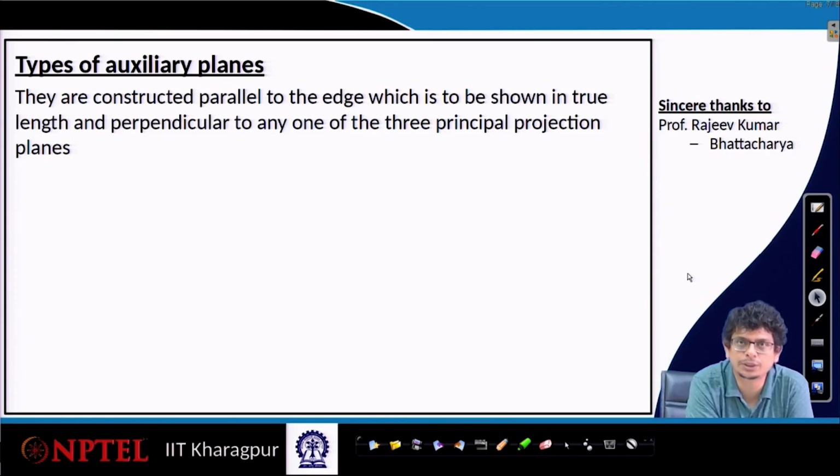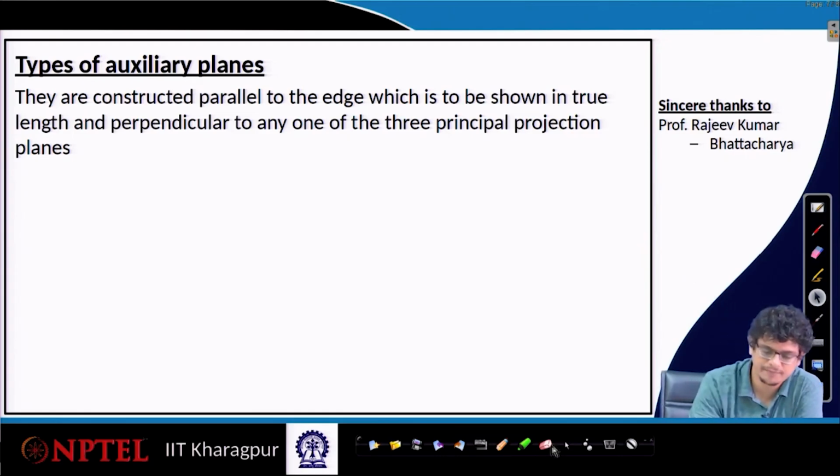And the true shape or true length is what we would like to find. So, the way this true length is aligned, in that direction we pick this auxiliary plane, so that this plane may make orthogonal or 90 degrees with the other planes.